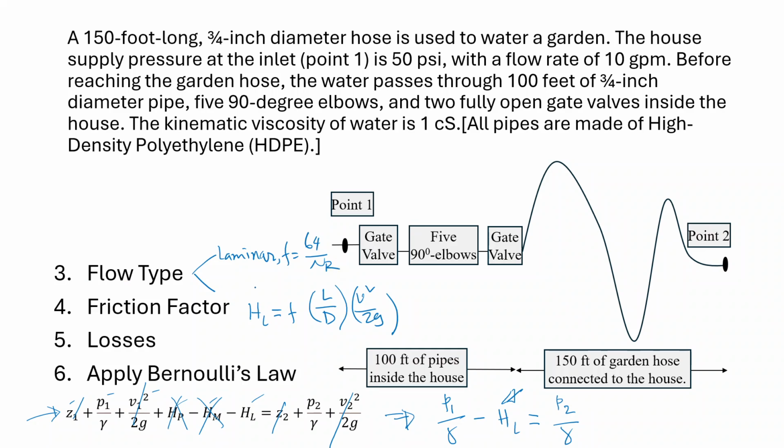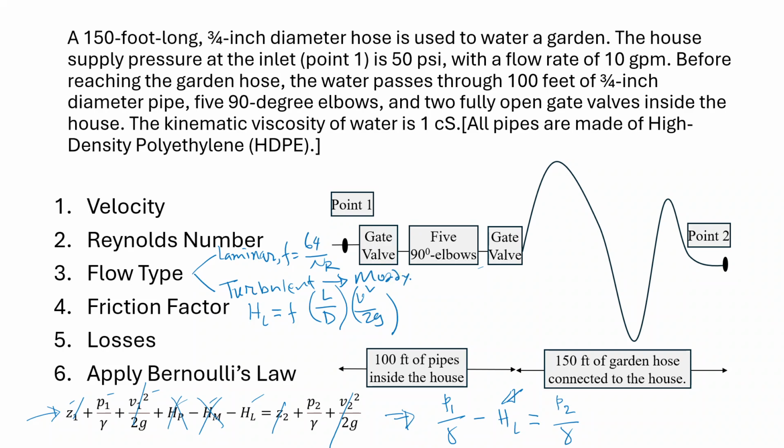If the flow is turbulent or transition, you need to use the Moody diagram to find the friction factor.